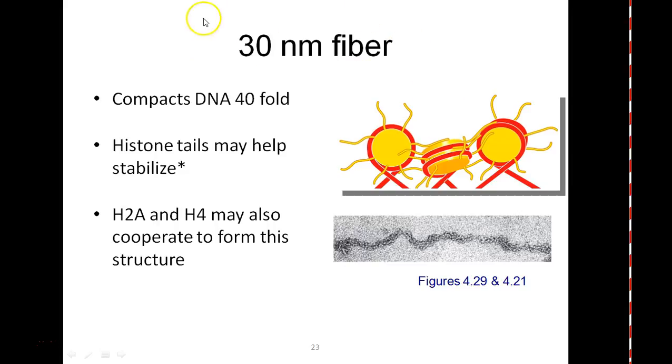So the next level of organization is the 30 nanometer fiber. It compacts DNA 40-fold, and histone tails may also be involved in those interactions and help stabilize the entire fiber. Also the core histones, H2A and H4, may cooperate to form this 30 nanometer fiber.